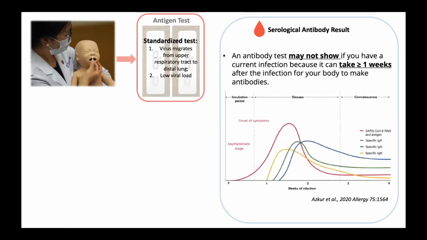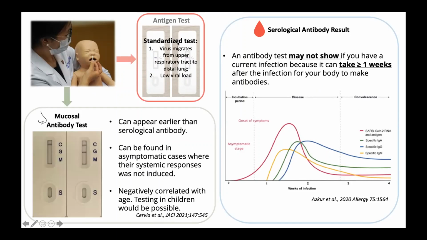And now with the data we found, with the mucosal antibody that's secreted after infection or after vaccination, apart from doing the standard antigen test, the same material can be used to test mucosal antibody, which is one sample and two answers for the presence of antigen and antibody.